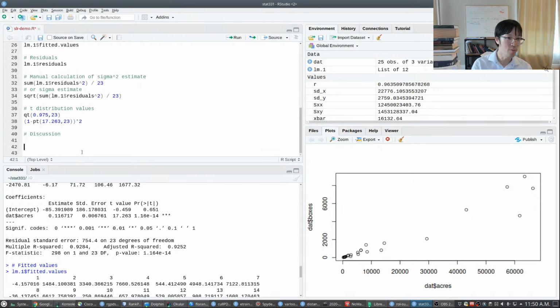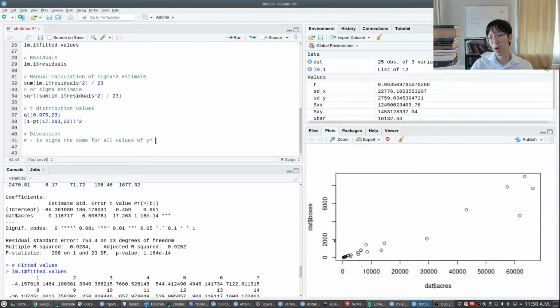Okay, so the first discussion point, let me just put it here, is to ask the question, is sigma the same for all values of y? And it appears not, in the sense that the variance appears to be higher, which makes sense. If you have more acres, you will probably have higher variance in the number of boxes produced.